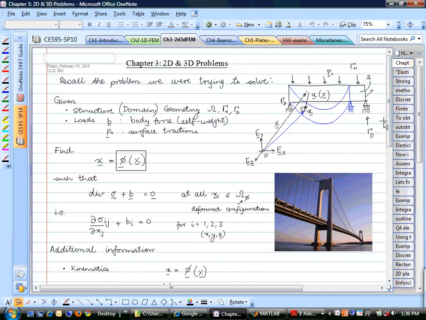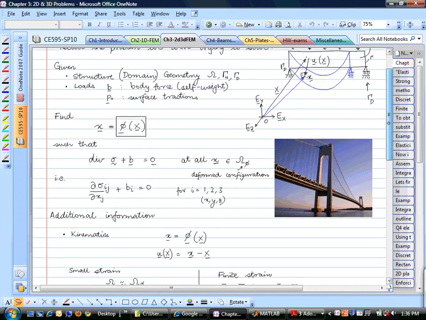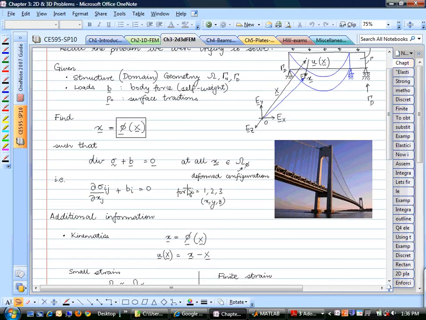In this chapter also, I think there is not a whole lot of new conceptually. What we are doing is the exact same thing. You should be comfortable with writing these governing equations.